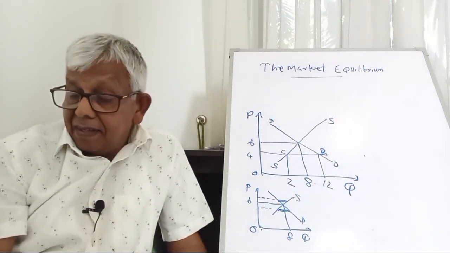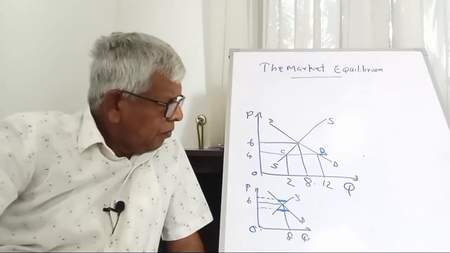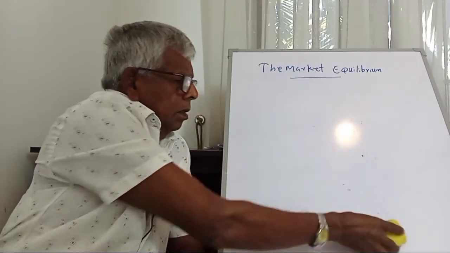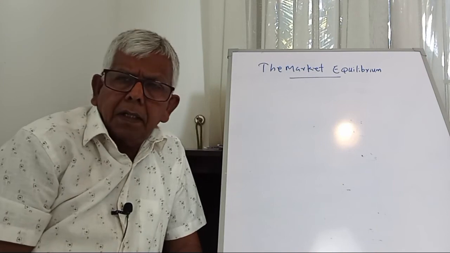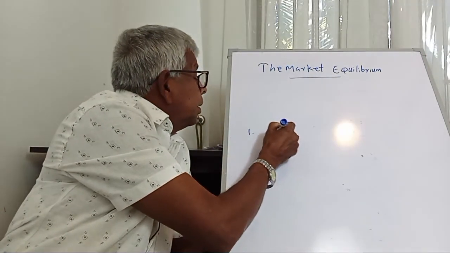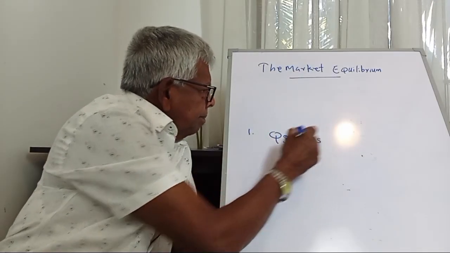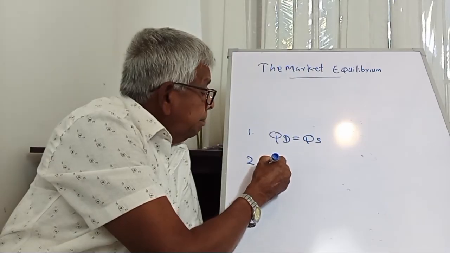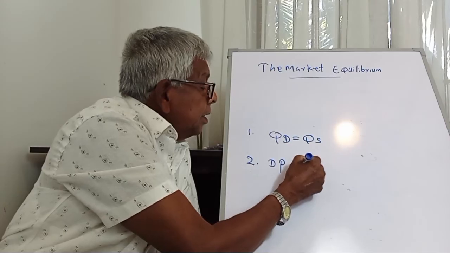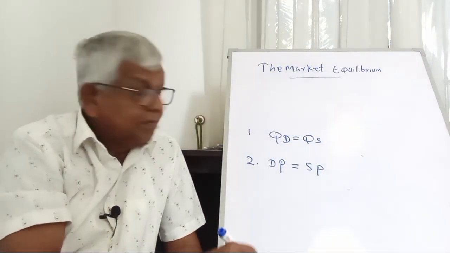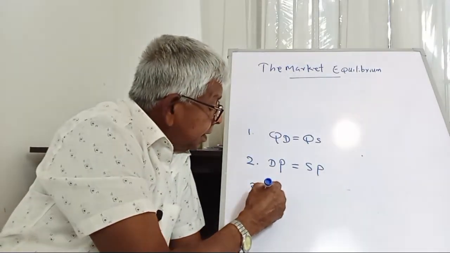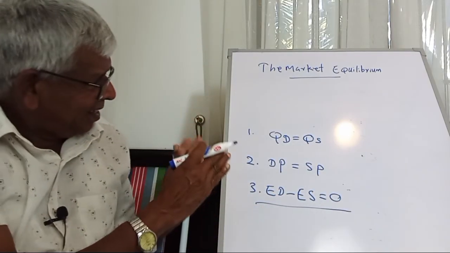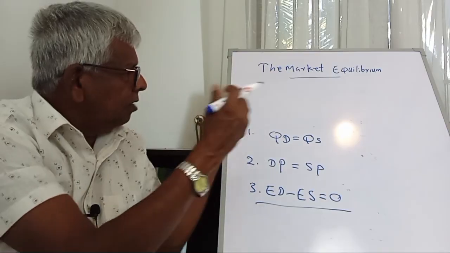These equations are very important. We can write three equations. First one, Qd equals Qs.